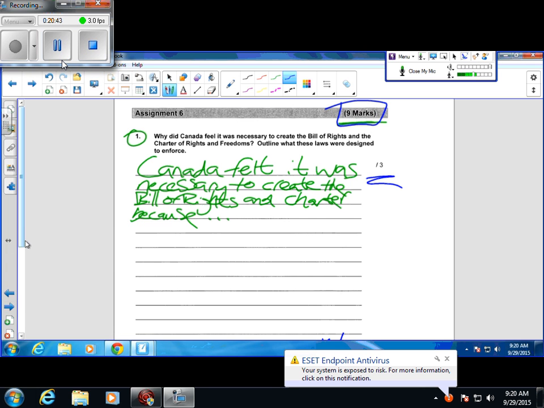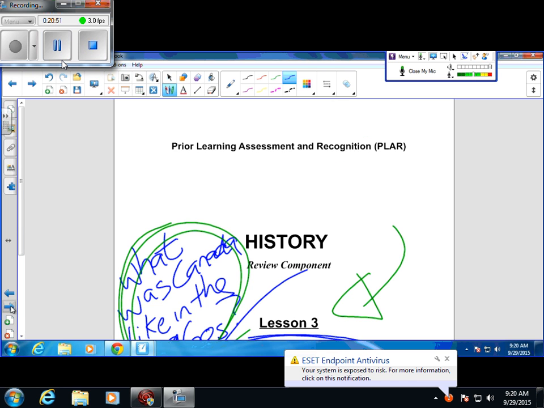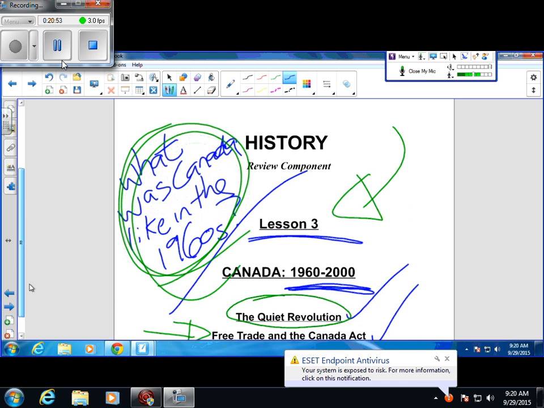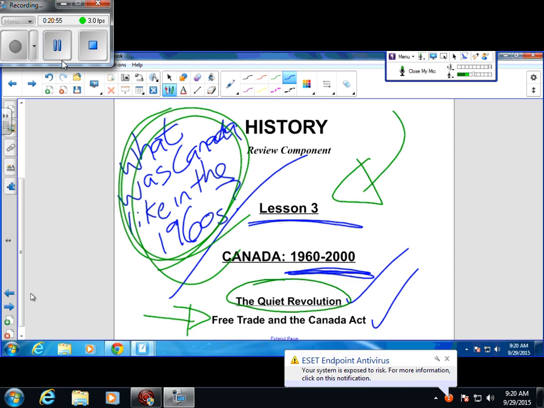All right, I'm not going to quickly go over assignment 6 right now, because it's all in your student workbook. Okay, class? I'm going to fast forward and go to this page. Like I said, we're going to start lesson 3 today. We'll look at what Canada was like starting in the 1960s, and our main topic to focus on today is the Quiet Revolution.